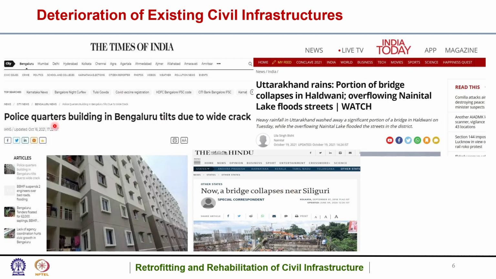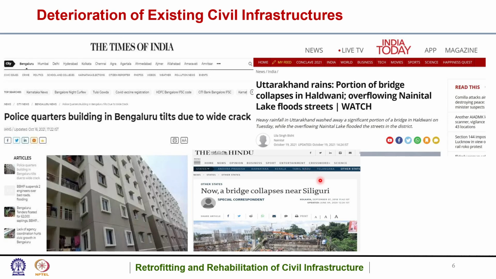Along with that, there are also some news cutouts related to the deterioration of existing civil infrastructure, as can be seen here. So understanding the health of a structure or civil infrastructure is very important as a civil engineer, and also for the development of a nation at large.